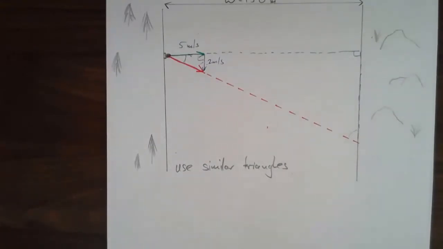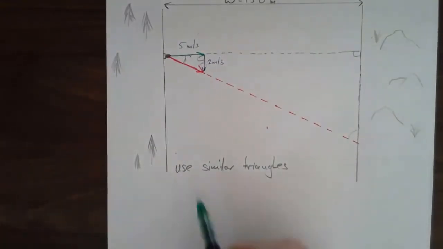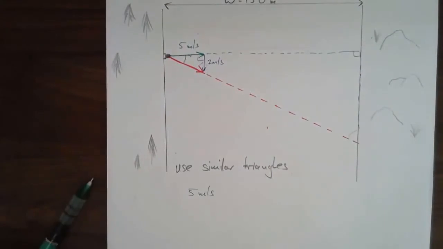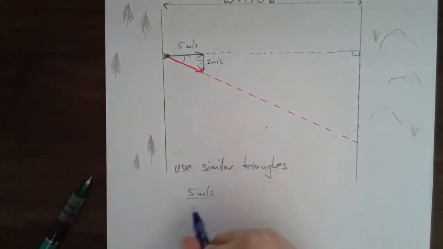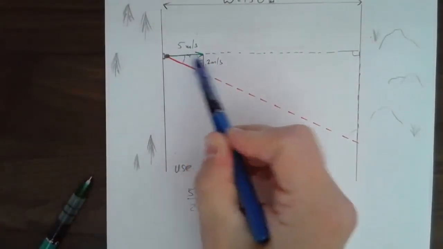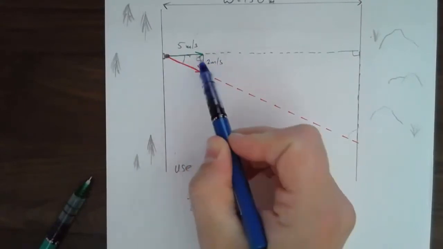Okay, so let us then work this out. Similar triangles means sides have the same ratio. So 5 meters per second over 2 meters per second. What's this? This is the ratio of this length to this length. Of course, those lengths represent velocities.